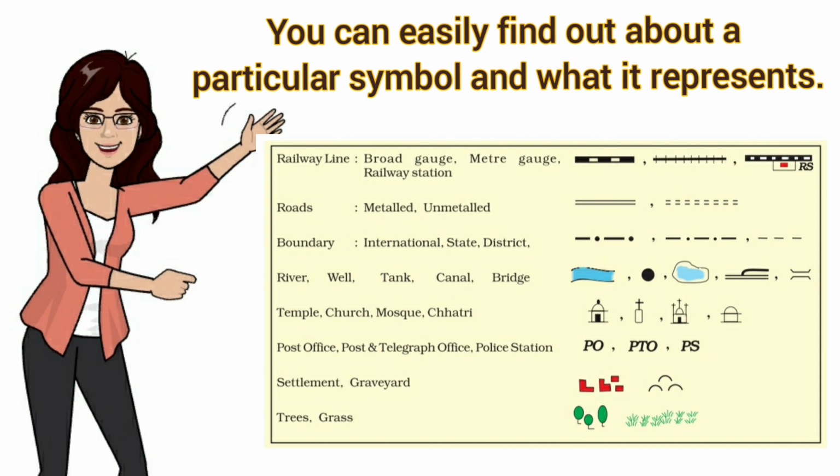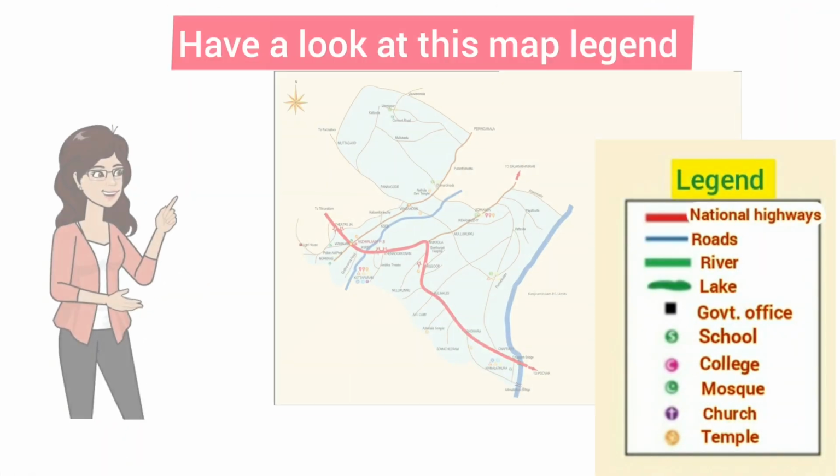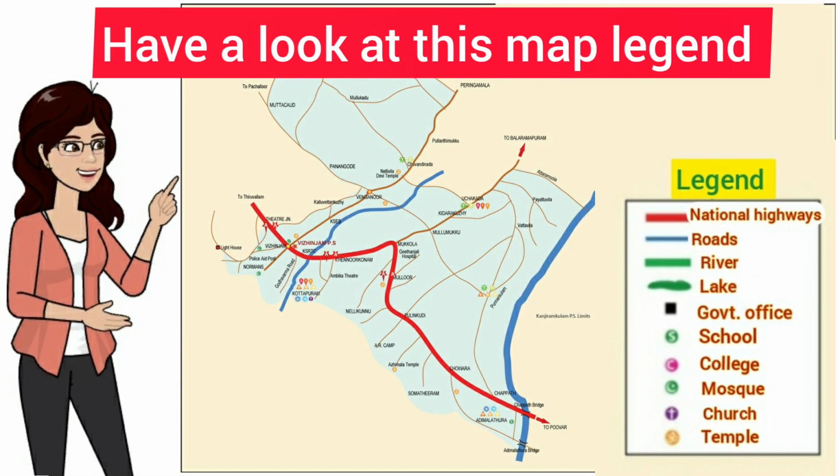For better understanding, let us have a look at this map legend, in which you can see signs and symbols for national highways, roads, river, lake, government office, school, college, mosque, church, and temple.